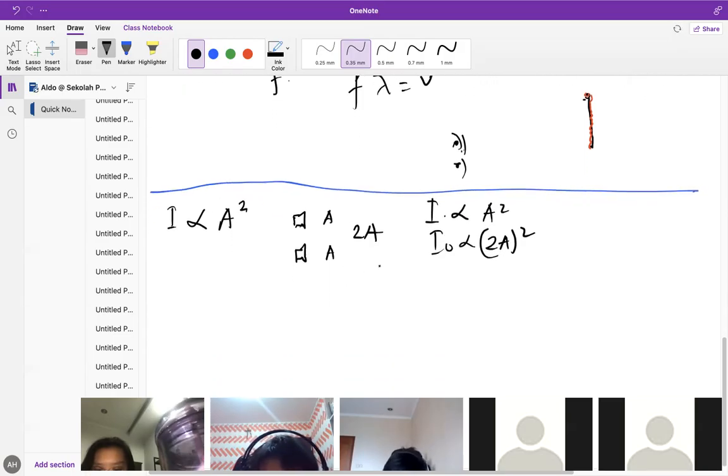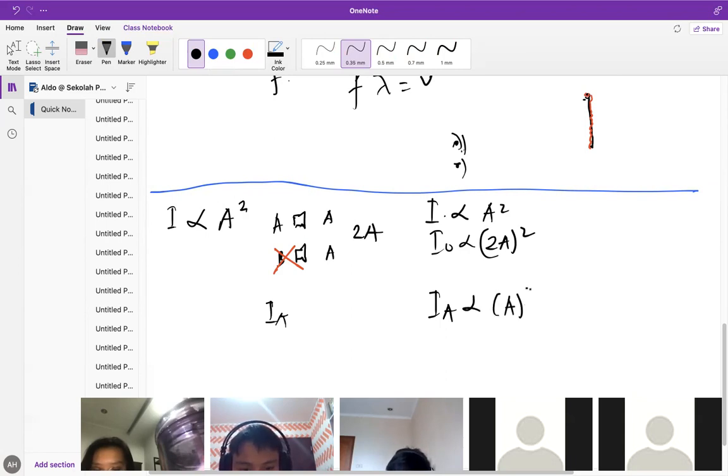But now, at the condition of IA, only A operates. B doesn't operate. So only A. Therefore, IA is directly proportional to only A squared. For I0, 2A squared gives 4A squared, and here just A squared.